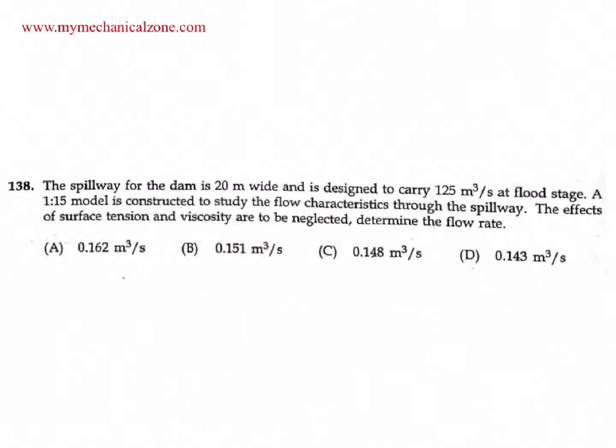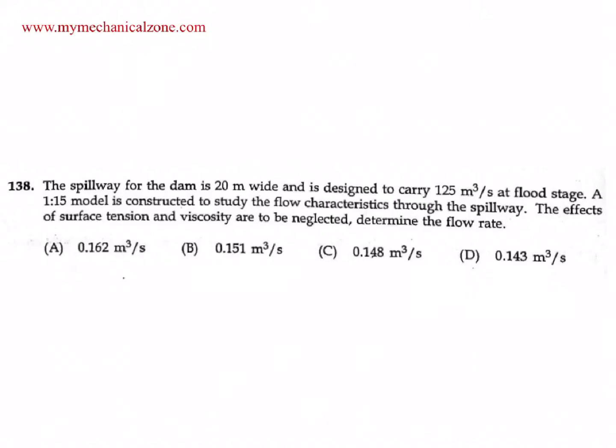The spillway for the dam is 20 meter wide and designed to carry 125 meter cube per second volumetric flow rate. At a flood stage, a 1:15 model is constructed to study the flow characteristic through the spillway. The effect of surface tension and viscosity are to be neglected. Determine the flow rate. So here values are given, model and here prototype.